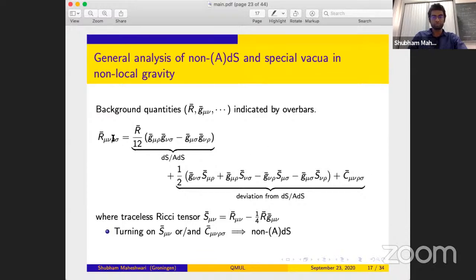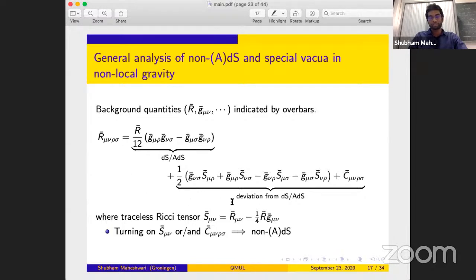It is easy to see how to go beyond maximal symmetry. For that, you just need to decompose the Riemann tensor in terms of its fully traceless and traceable components. The first term is basically just the Riemann tensor for de Sitter or anti-de Sitter spacetime.